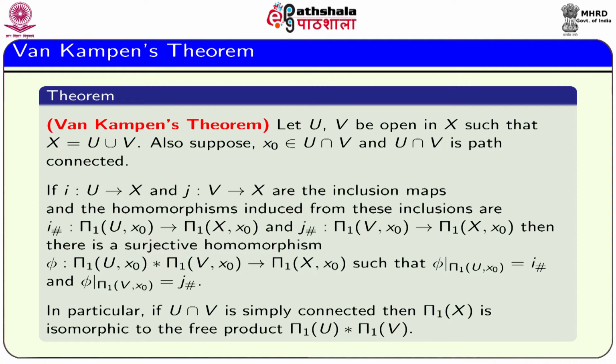In particular, if U intersection V is simply connected, then π1(X) is isomorphic to the free product π1(U) star π1(V).